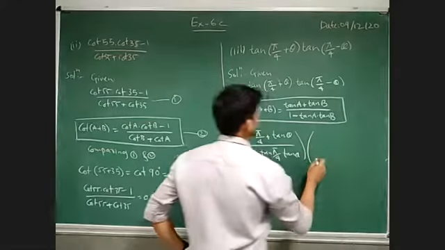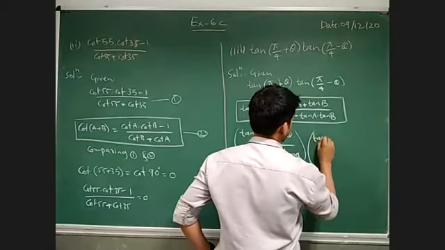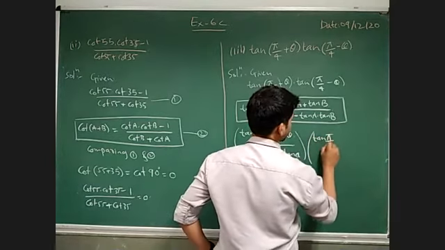This is the second bracket: (tan pi by 4 minus tan theta) upon (1 plus tan pi by 4 into tan theta).